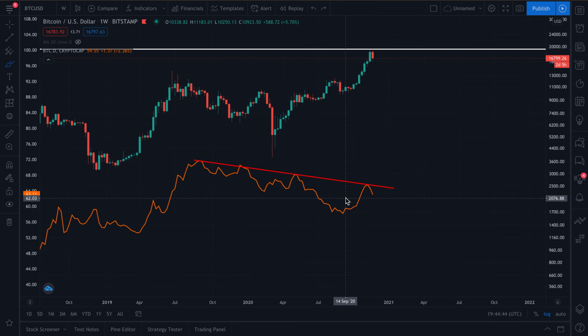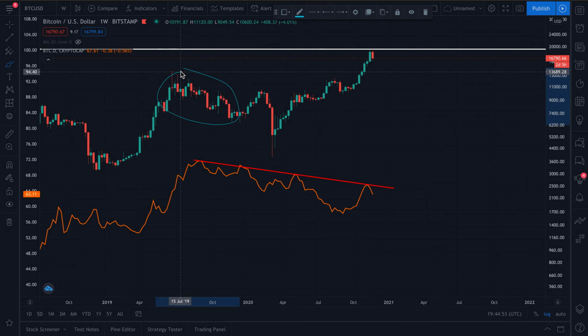However, when Bitcoin is slowly trending down, like what we saw here, and to some degree here, but this was more sideways action, we see the dominance trend downwards.